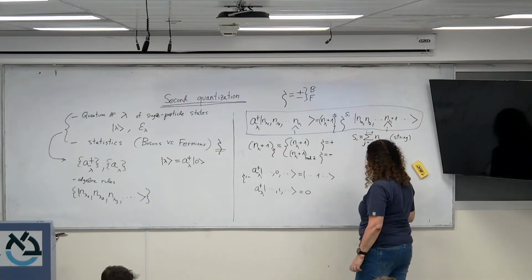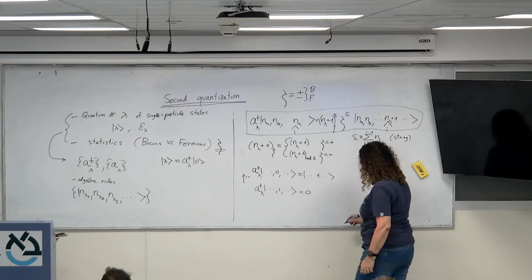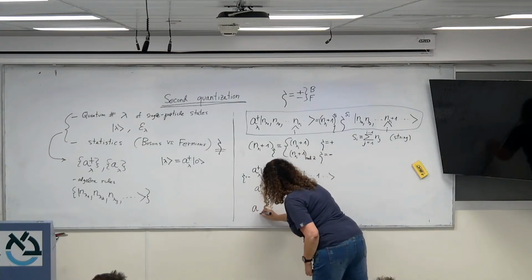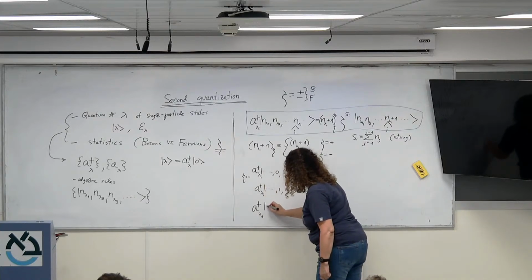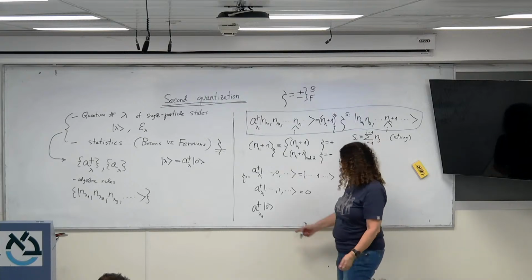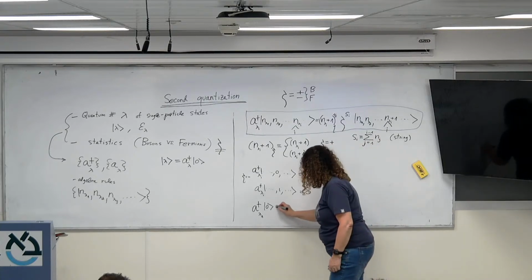so for example, we take our vacuum and we act with a single a dagger lambda 1 acting on the vacuum. The vacuum is just 0, 0, 0, 0, 0. What is this going to be?